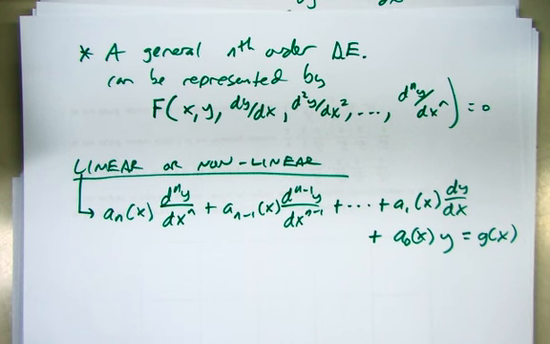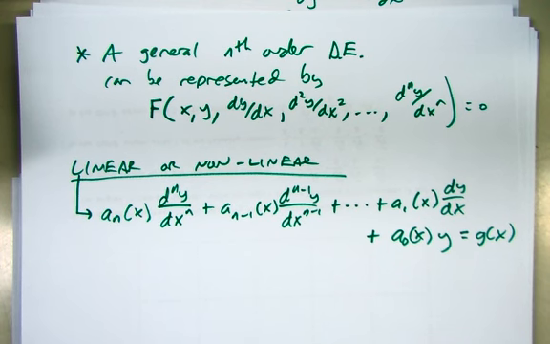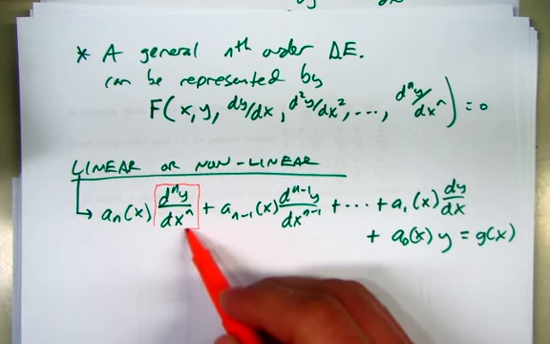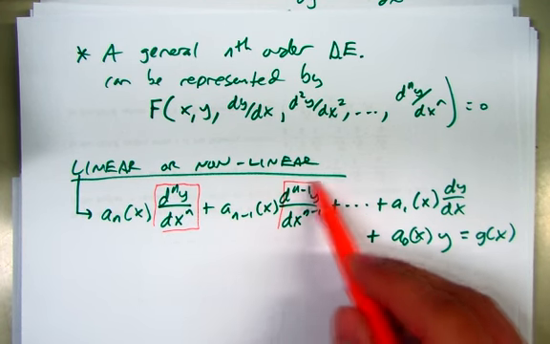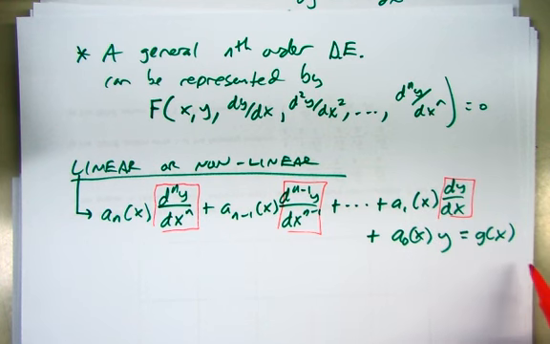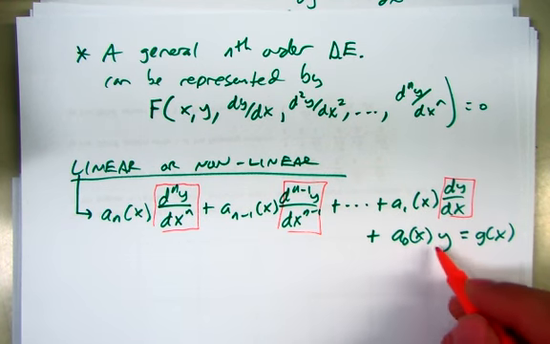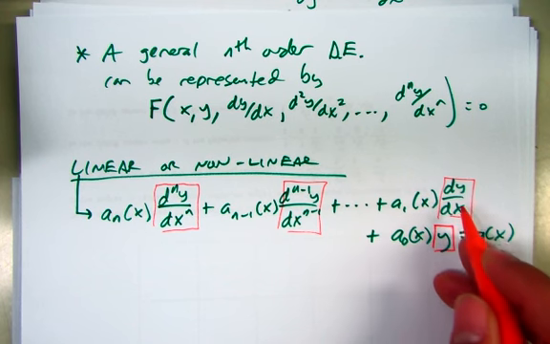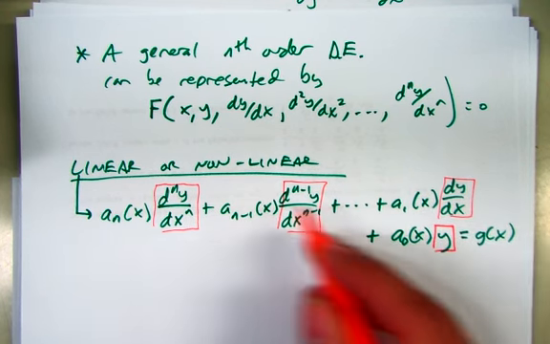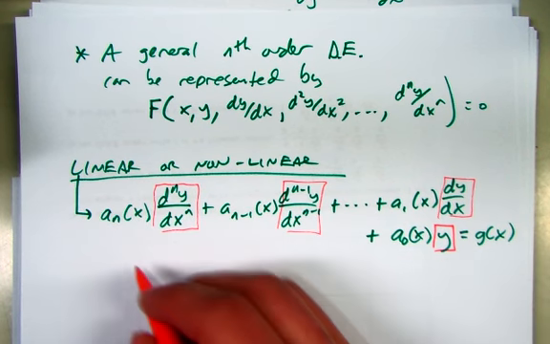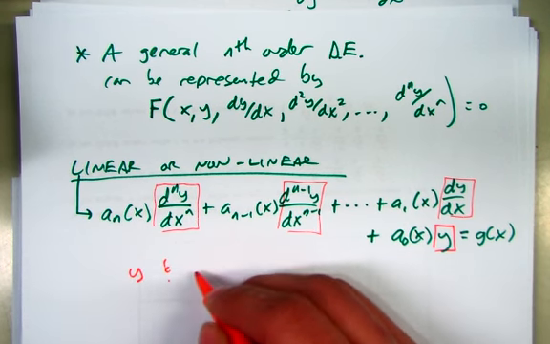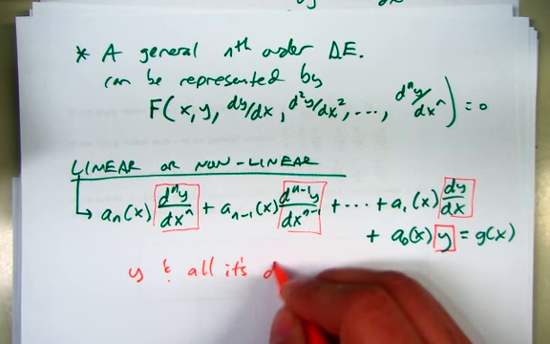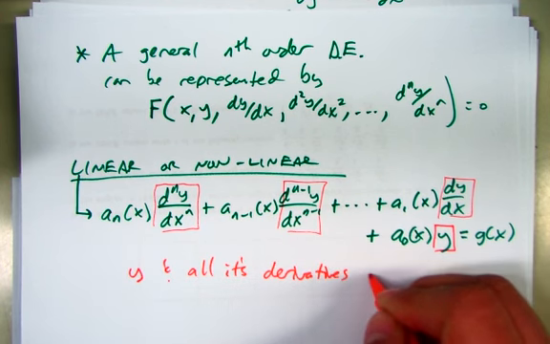Okay, so the key here for a linear differential equation, if you look at all the derivatives and the dependent variable, the dependent variable in this scenario would be y, and then we'd have all the derivatives with respect to y up through the nth order derivative. We can say that y and all its derivatives are to what power?